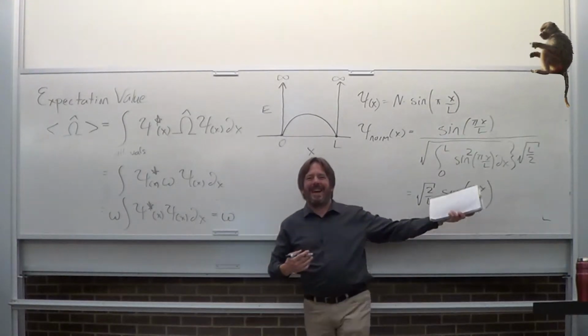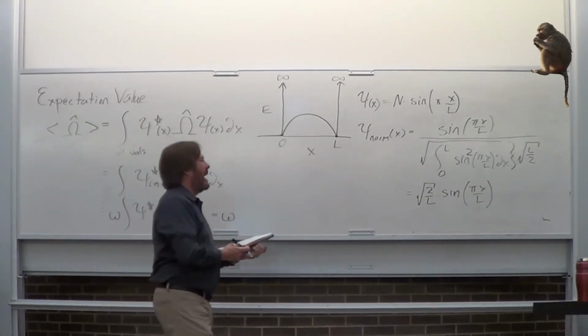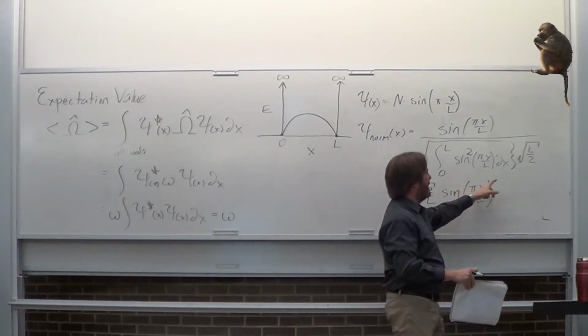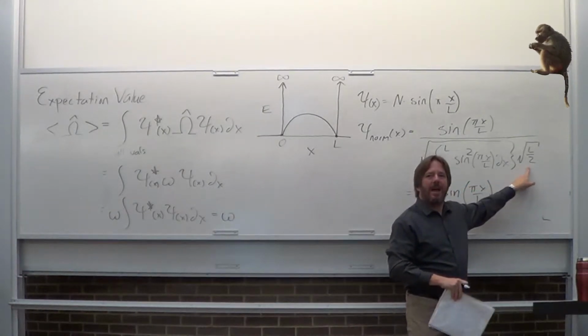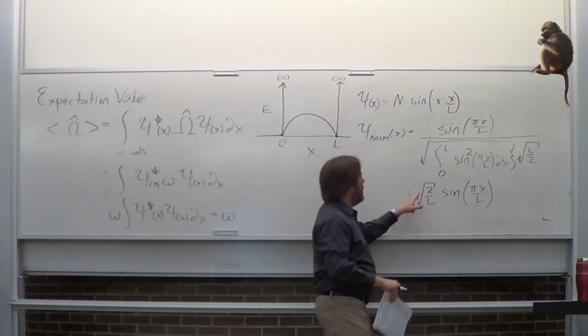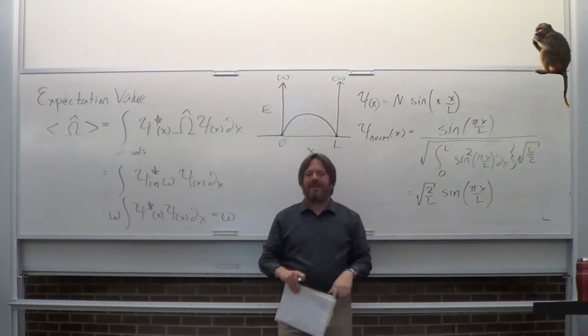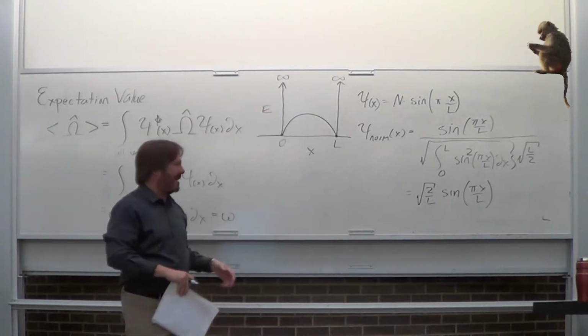Don't forget that. Here's what you're going to do on tests and homework. I give you a wave function. I say normalize it. You look at the identity or Symbolab or whatever, you figure it out, and then you take the wave function and you say square root of L over 2. Wrong. You have to invert it. Right, 1 over that. So don't forget that.